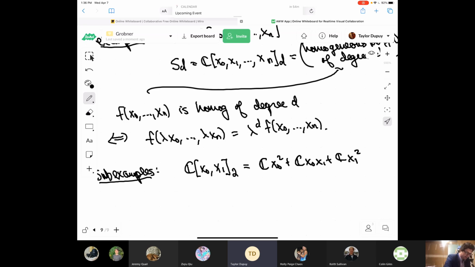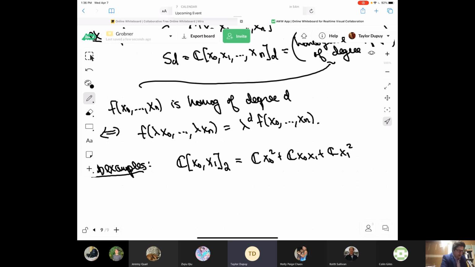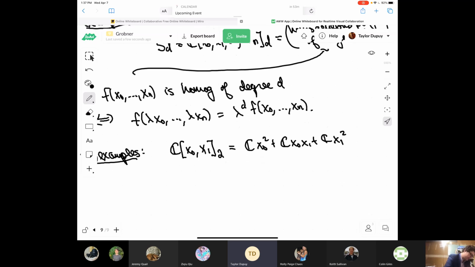So these are the homogeneous polynomials. There's 3 of them, and any homogeneous polynomial of degree 2 in 2 variables is a combination of those 3 things, right?